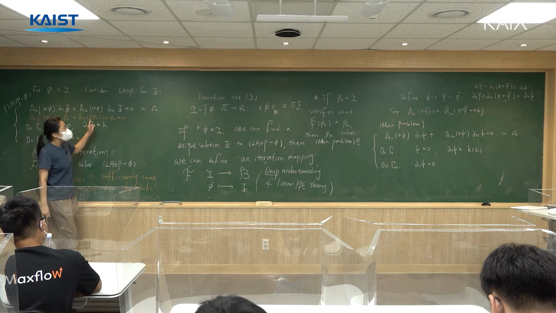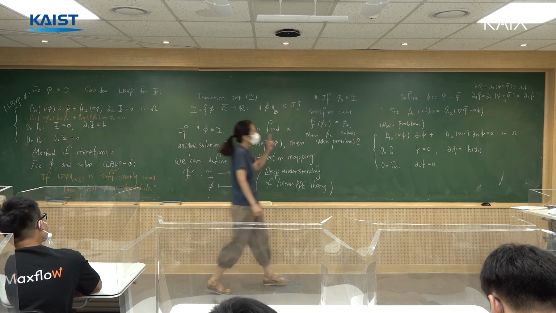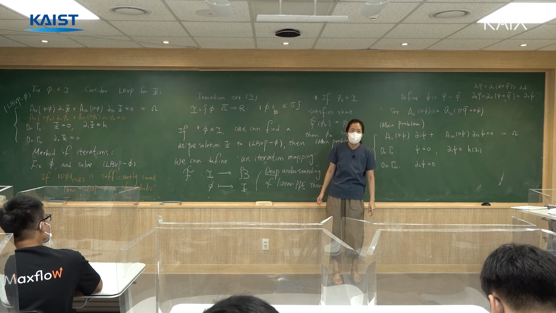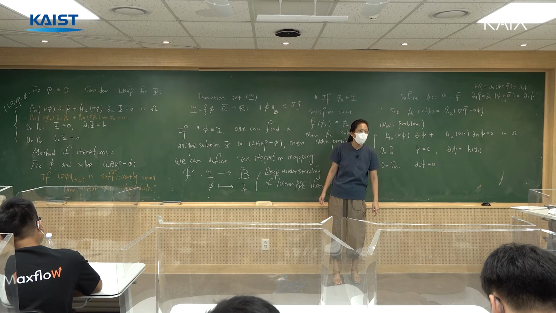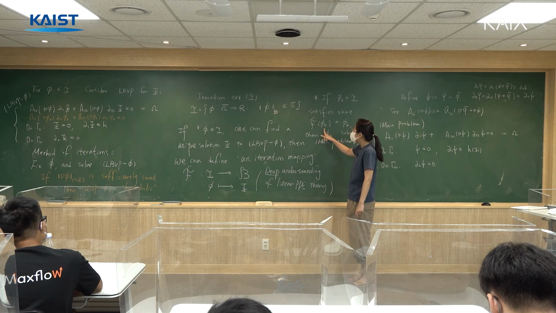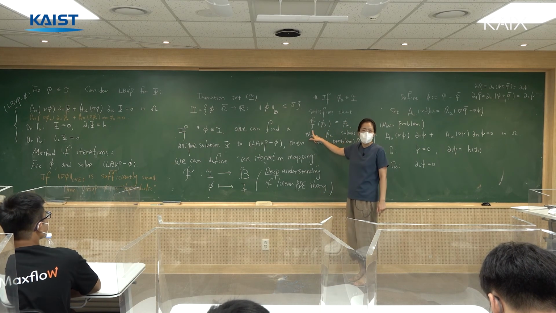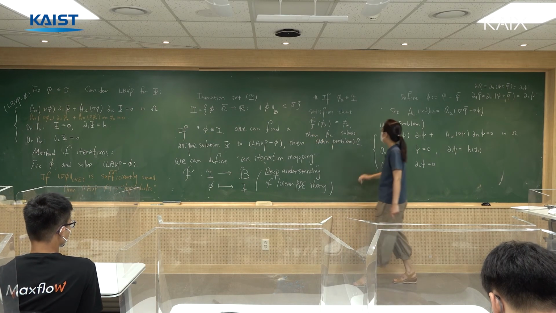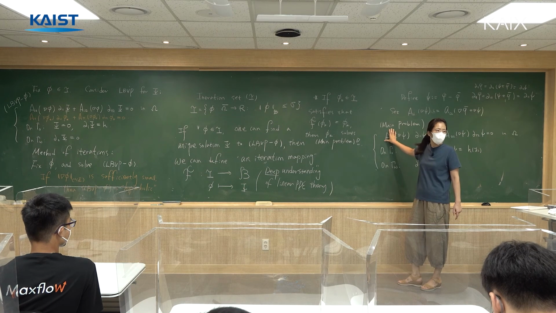So this phi star exactly solves this nonlinear boundary value problem. Is it clear? So, punchline: if phi star is a fixed point of this iteration mapping, then it becomes a solution of the original nonlinear boundary value problem that we desire to solve.